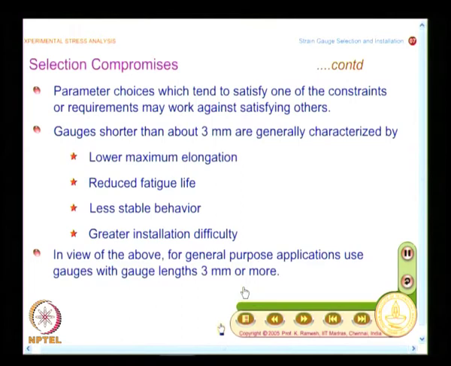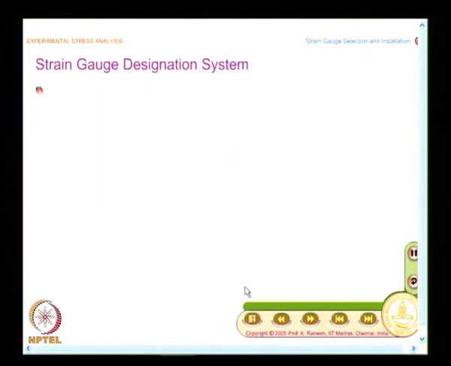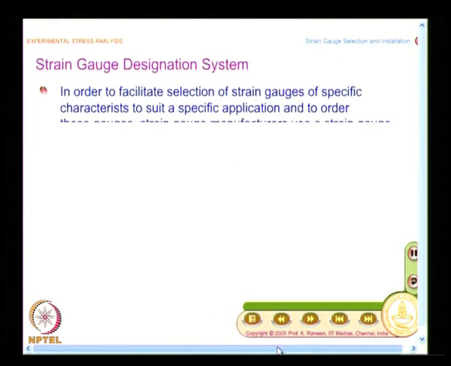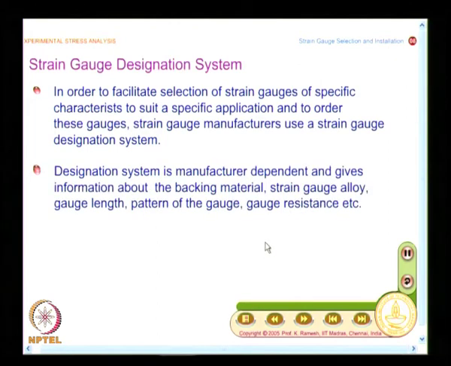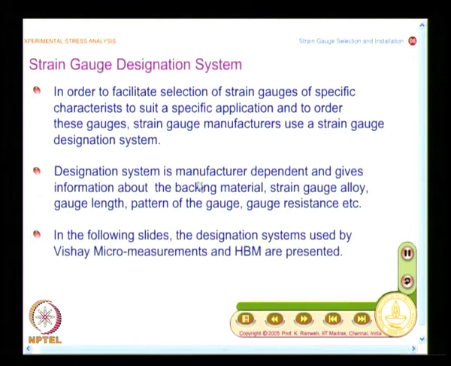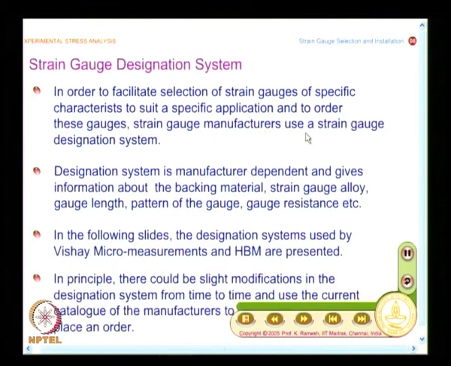Do not go and insist that you need to go for smaller gauge lengths. And if I have to select a strain gauge of suitable characteristics and also to order these gauges, strain gauge manufacturers use a strain gauge designation system.